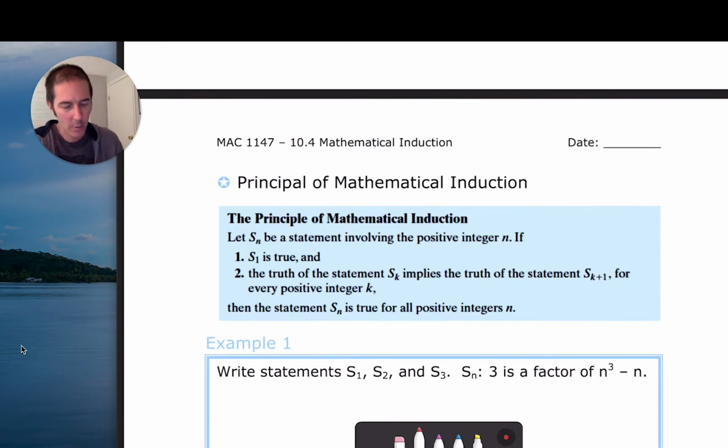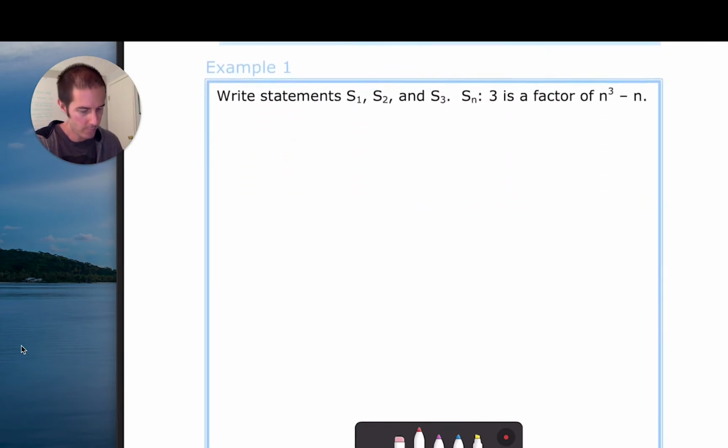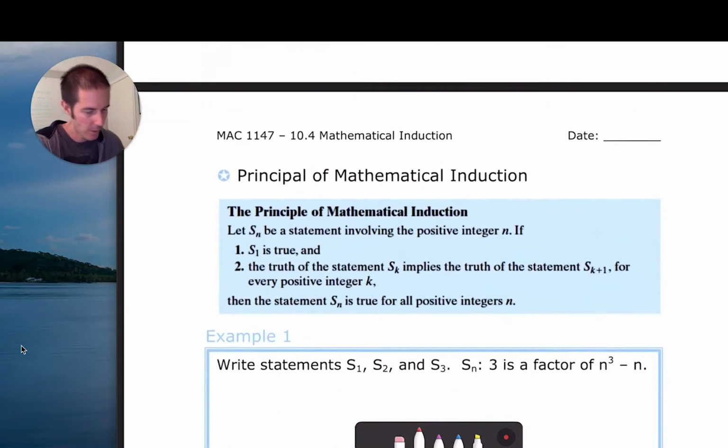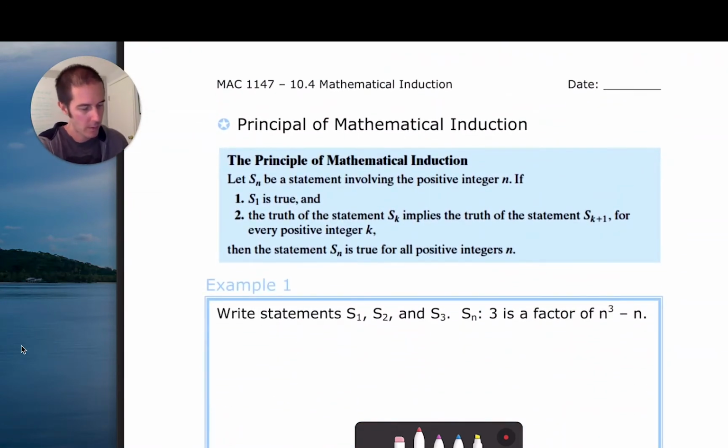I'm going to give you at some point an n value. I'm up here toward the top left. I can't write between pages, so I'm going to do it over here, under the date. I'm going to give you an n value, and we're going to be working with an equation.